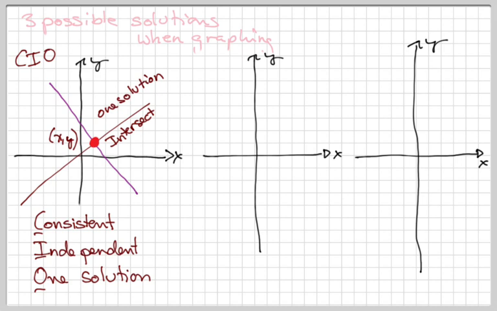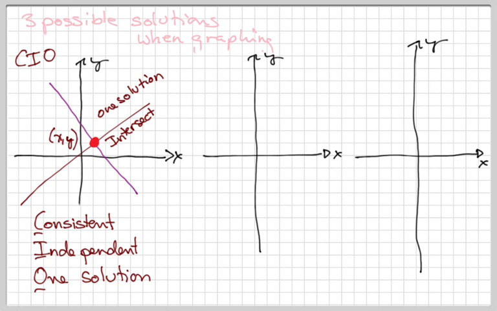This is our preferred case because, oh, look, they are intersecting. Beautiful. And we can actually check and plug in this ordered pair into our system and see if that's actually the case. Now, one reason why mathematicians don't prefer the graphing method is because it's not very accurate.